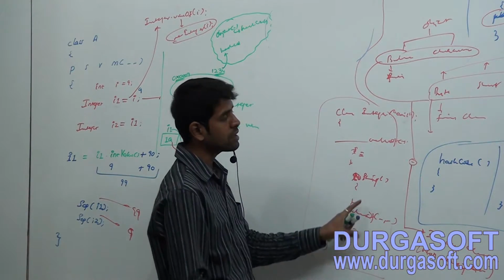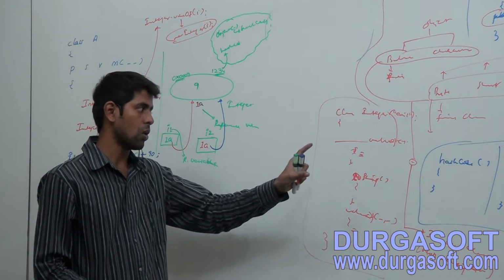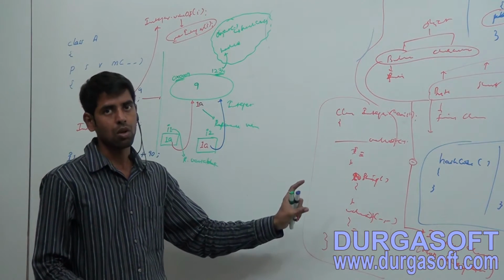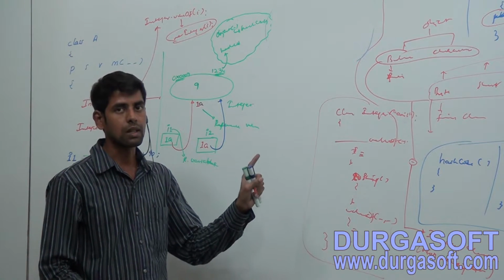That's why this Integer class is an immutable class. All these methods have logic to create a new Integer object.